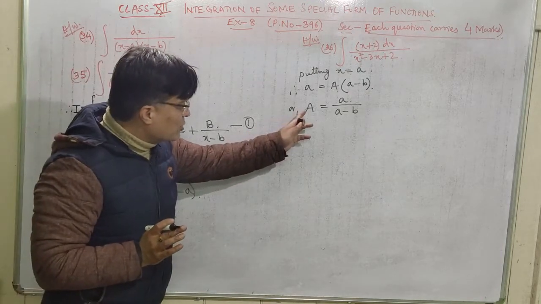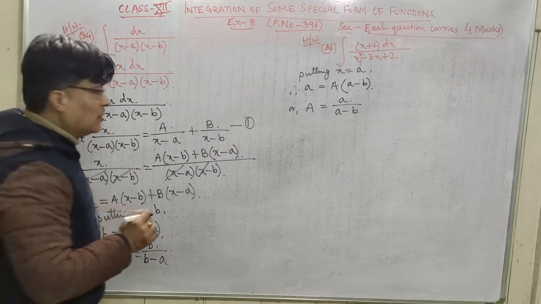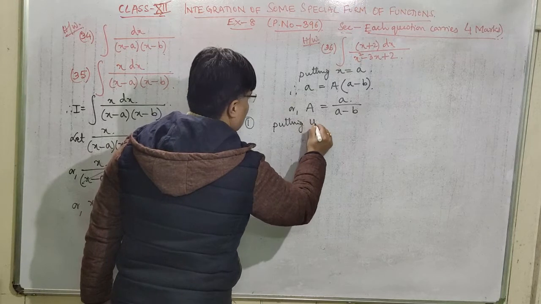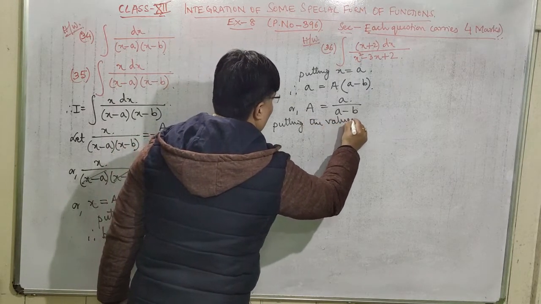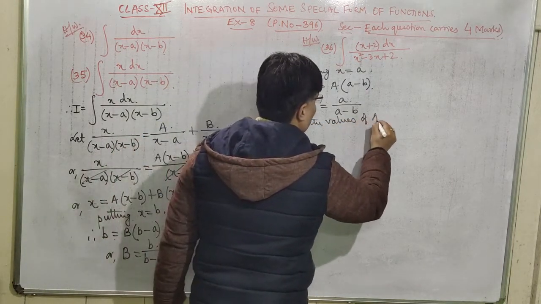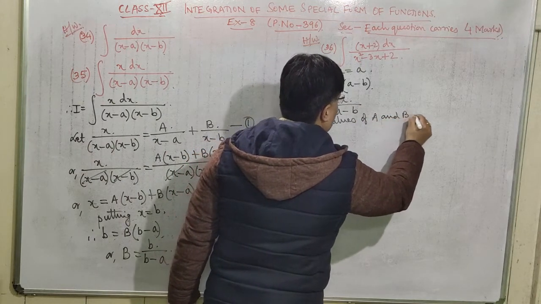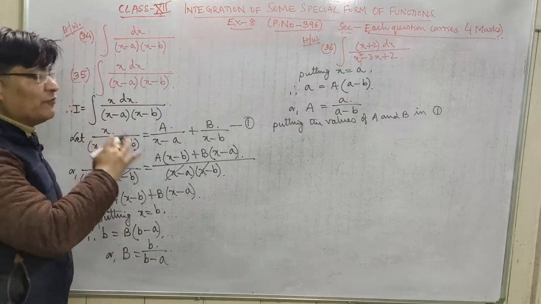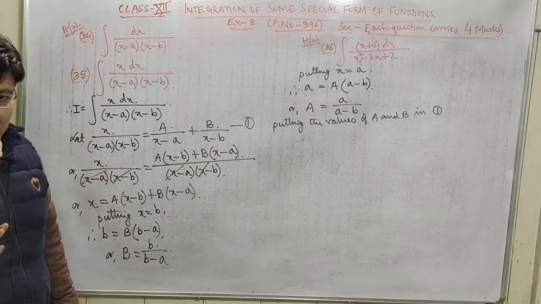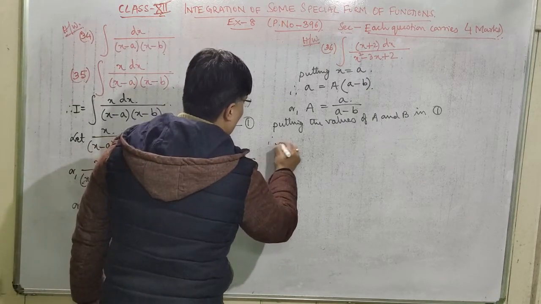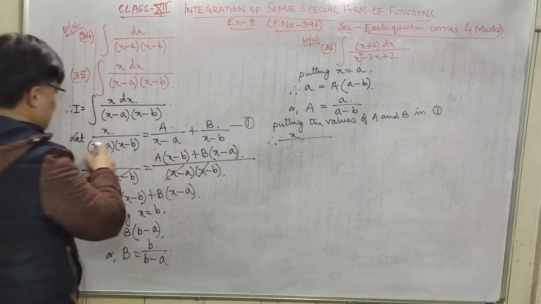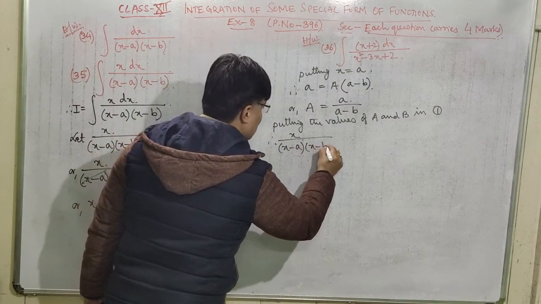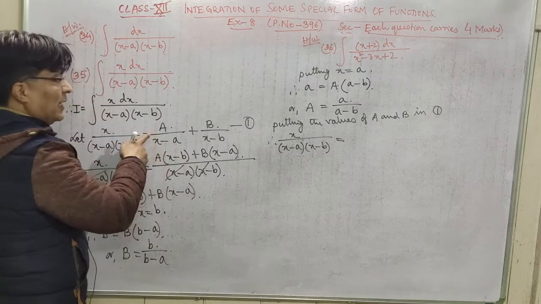So now let us put these values of capital A and capital B in 1. Is that clear? So the left hand side remains as it is, x upon x minus a into x minus b is equal to, what is capital A?